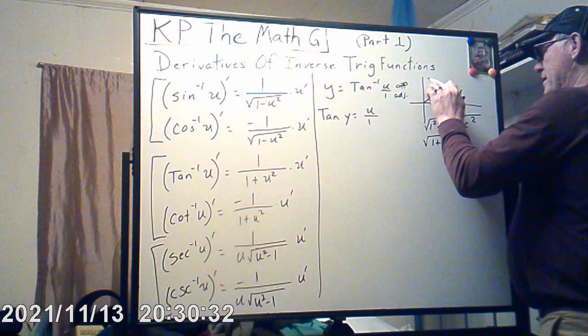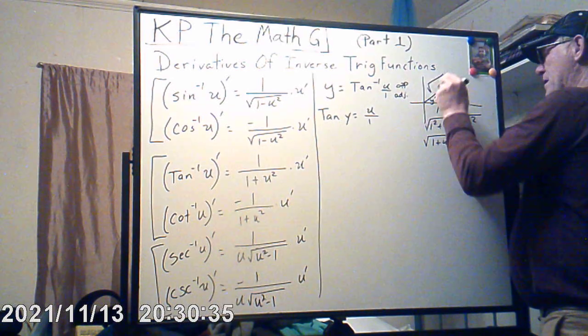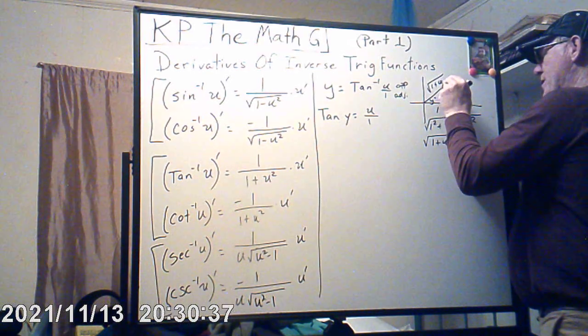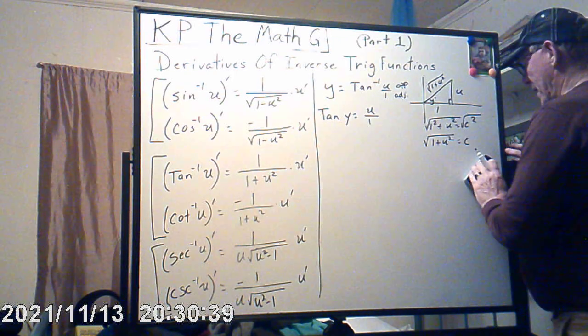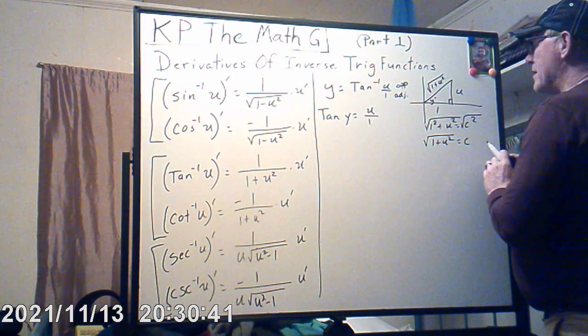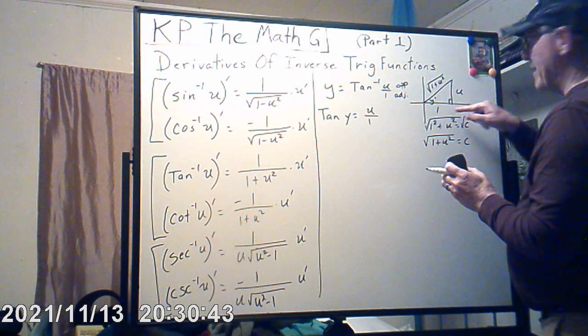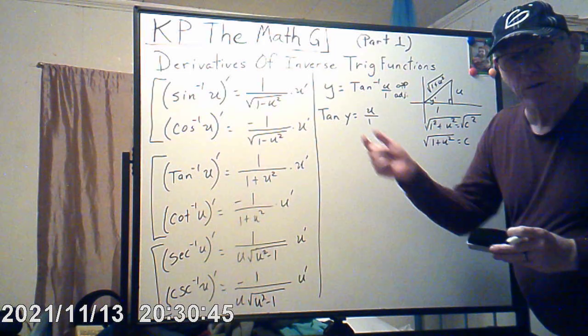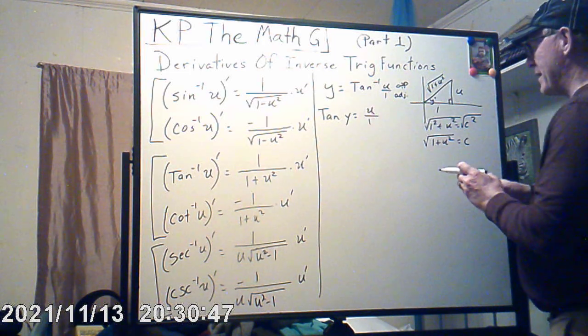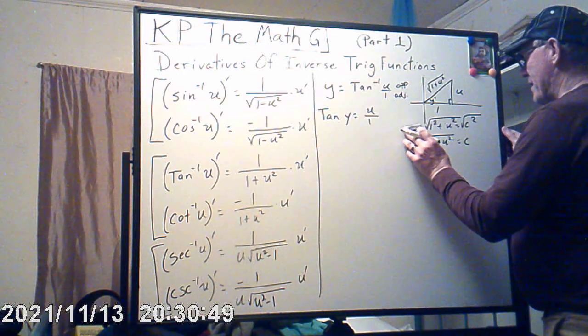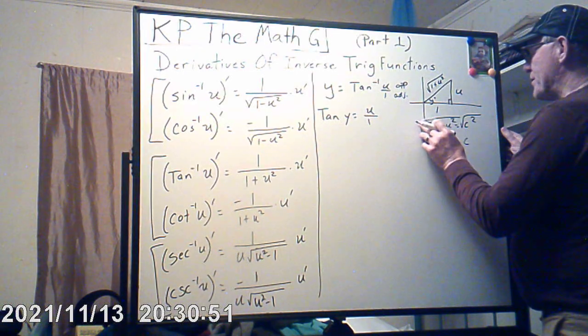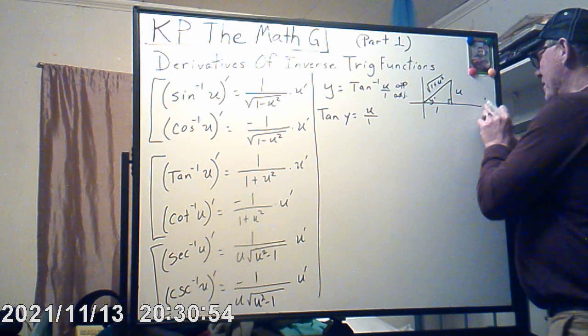So right here, this is the square root of 1 plus u squared. That's what we have there. Somewhere down the line, you're going to have a square root of something like that, so just keep that in mind. We have those three there, and we're going to need that.